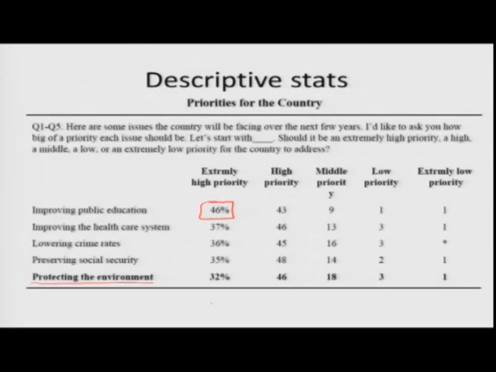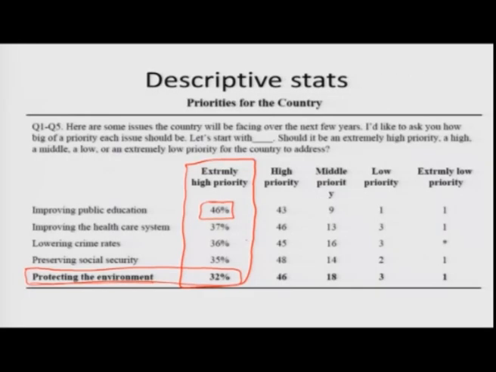So, here the writer looks at this column and compares how each of these issues have been rated as extremely high important, and then points out that protecting the environment is just 32%, in fact, the lowest among these 5.